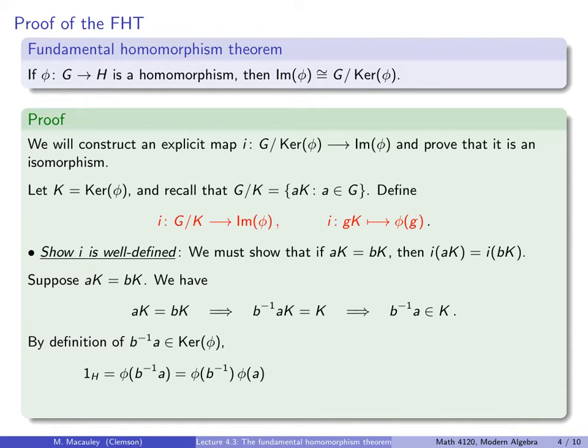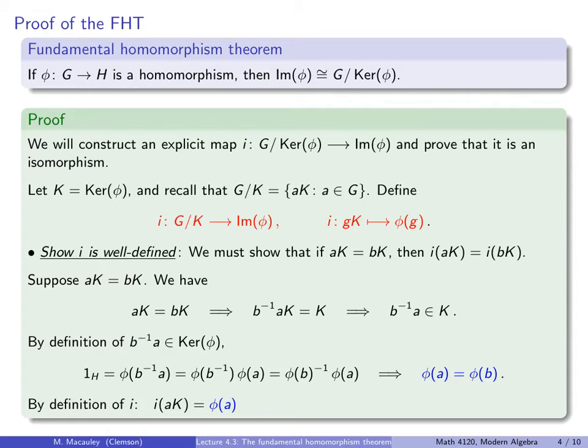And now what? Phi of B inverse is just phi of B inverse. So that's this. Phi of B quantity inverse times phi of A. And now, what does this say? So the identity element is the inverse of this times A, and that of course means that phi of A equals phi of B.